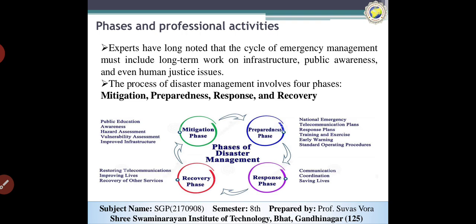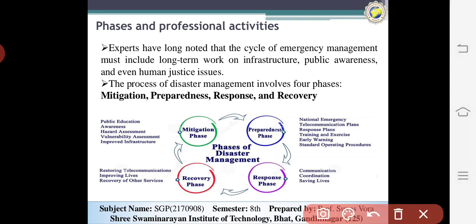So now we can discuss deeply. The first one is mitigation. What is the meaning of the mitigation system? You can see the figures. The first one is the mitigation phase.